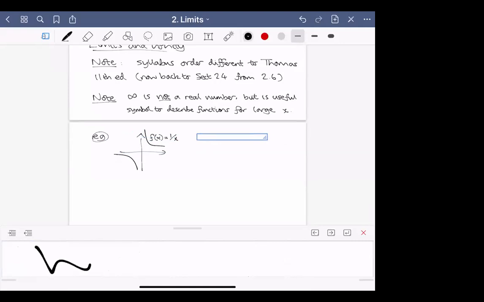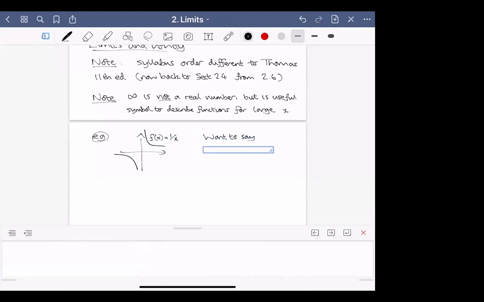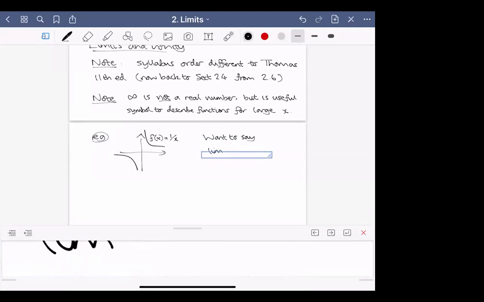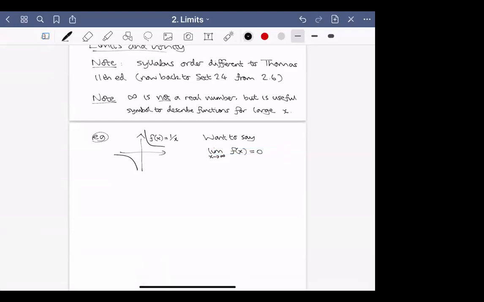In this case, I want to say that the limit as x goes to infinity of f(x) is 0. So what am I trying to say there?